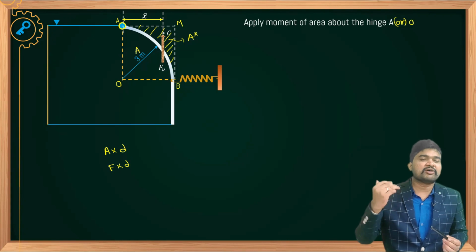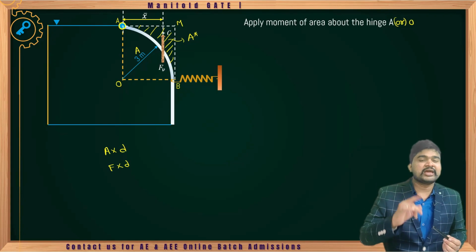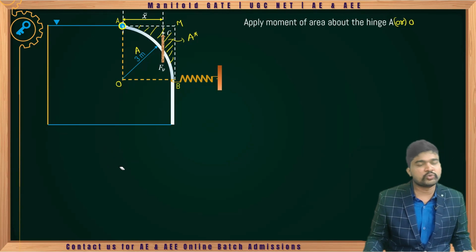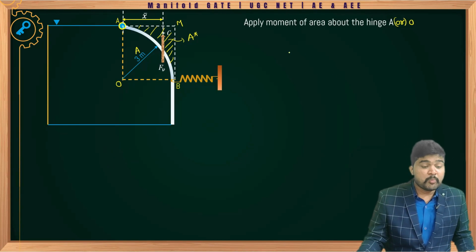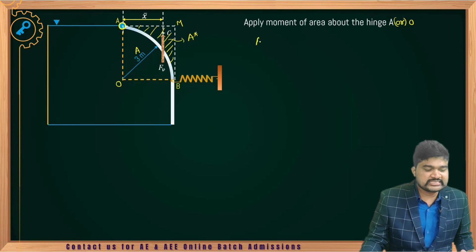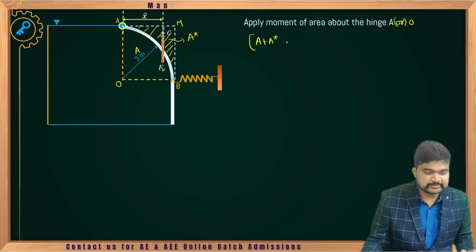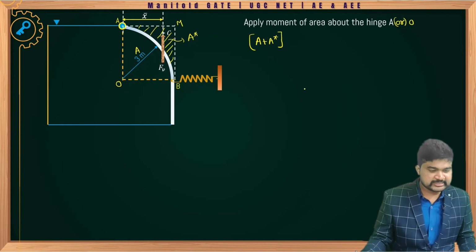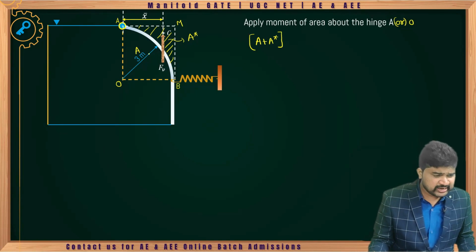Similarly, moment of area means area into perpendicular distance. First consider total square. Okay, moment of area of the square. What is the area of the square? A plus A star. Moment of area of the square. That means here what you will get?